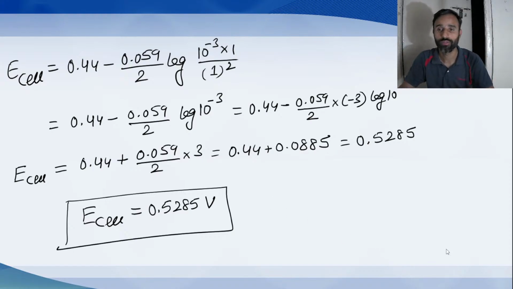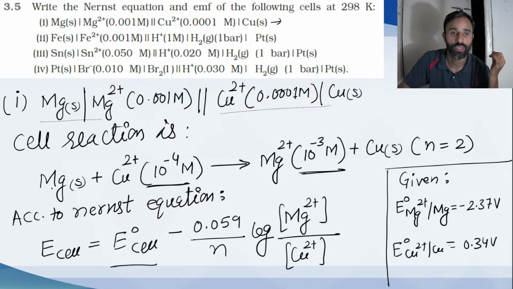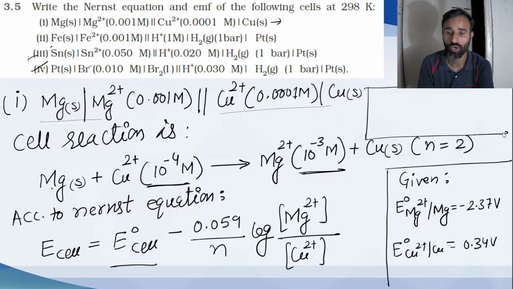Any doubt up to this? By using the same relation, you can do the third and fourth. E naught value of H+ is there, and bromine. Keep in mind the values I will write and you will solve it on your own.